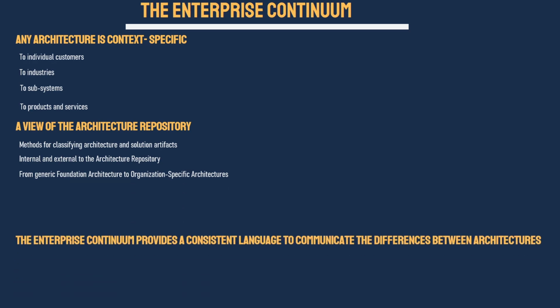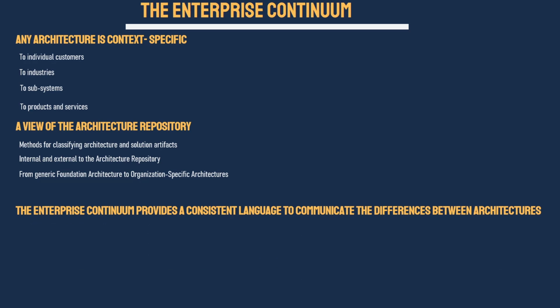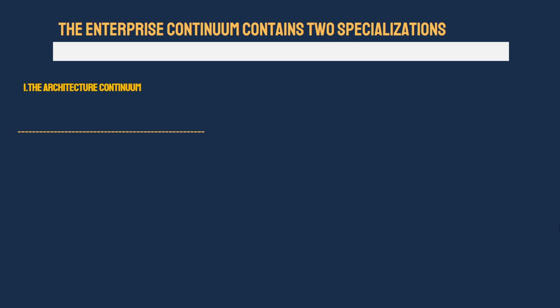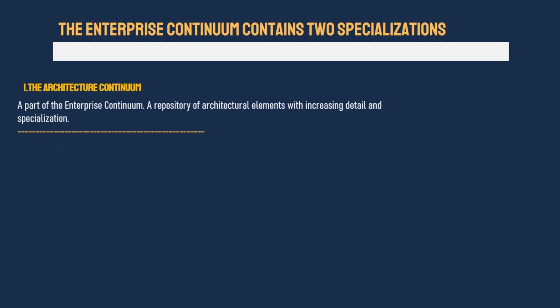The Enterprise Continuum provides a consistent language to communicate the difference between architectures, and to organize reusable architecture and solution assets. The Architecture Continuum, a part of the Enterprise Continuum, is a repository of architecture elements with increased detail and specialization.